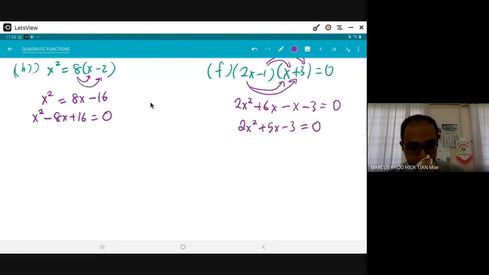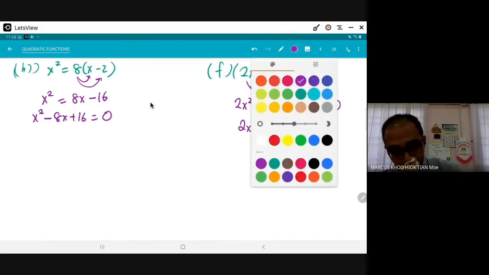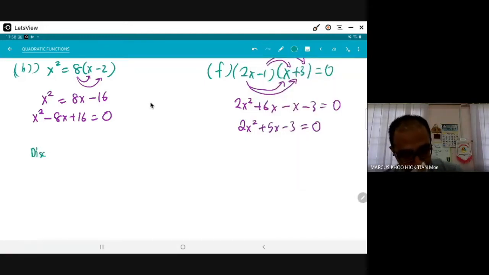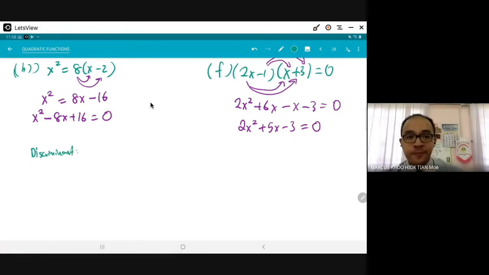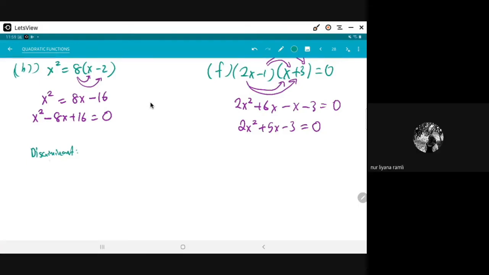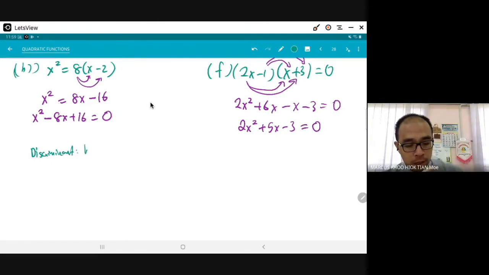Okay, whoever has finished, please tell me, what is this discriminant? Two equal real roots. What is the discriminant for question B? 0. Yeah, 0. So b squared minus 4ac equals to 0.